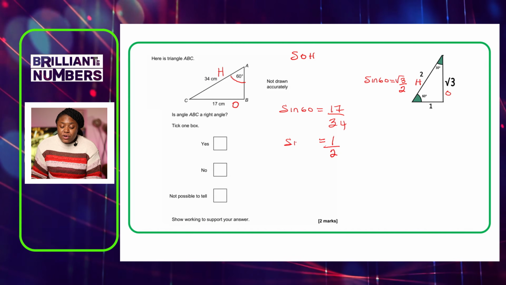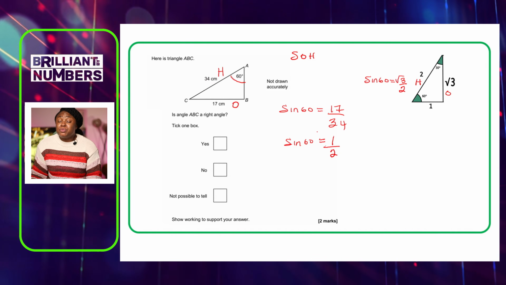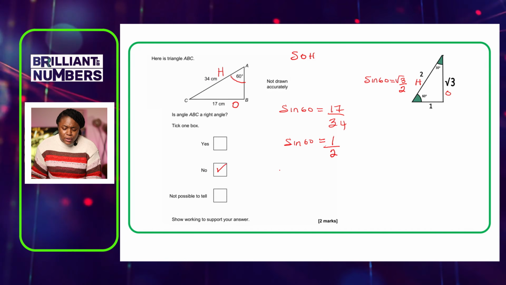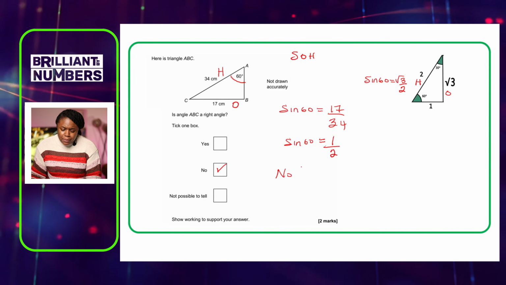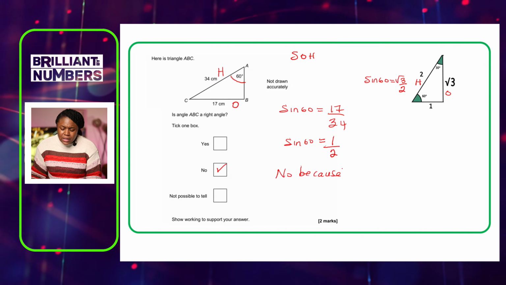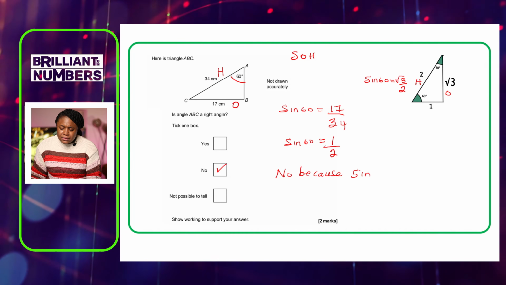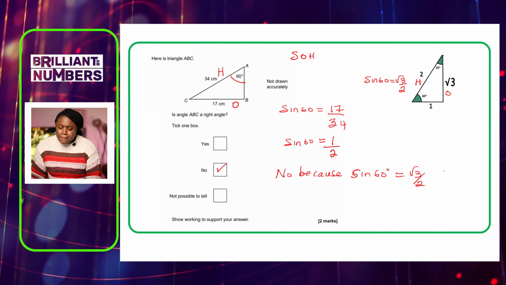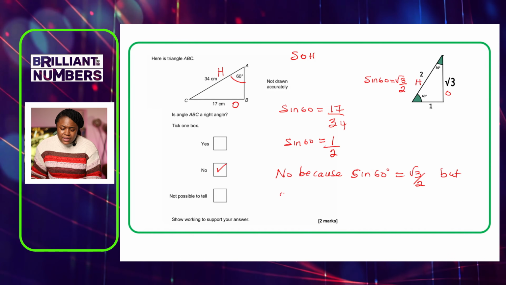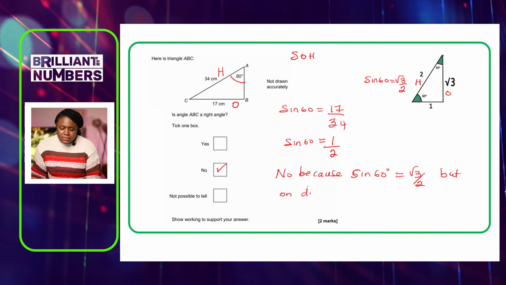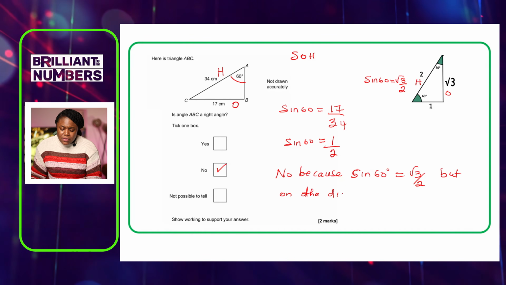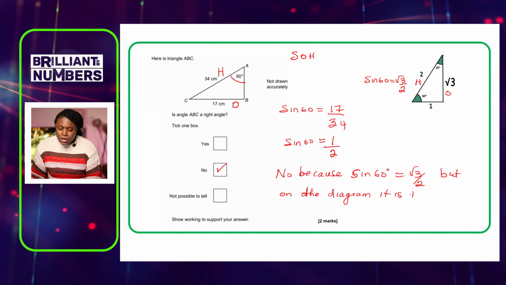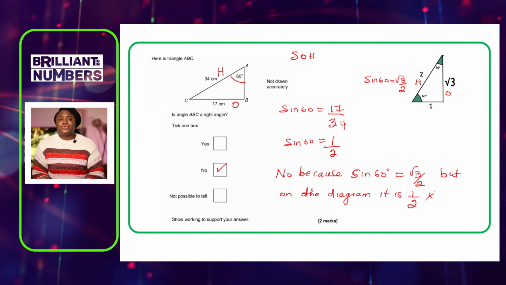So on this triangle, sine 60 is proven to be a half. Therefore, the answer is no. We're going to say no, because sine 60 is equal to root 3 over 2, but on the diagram, it is 1/2, and that's not true.